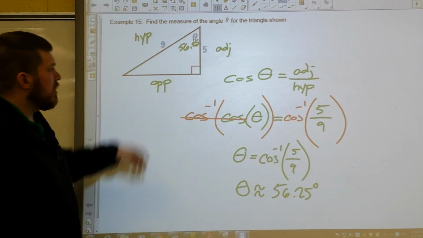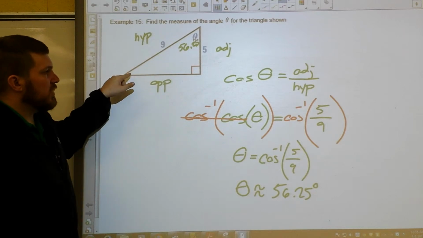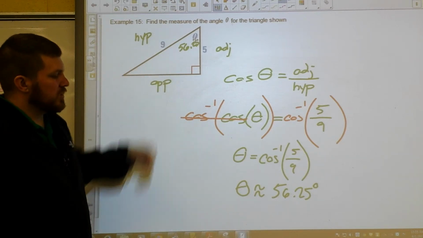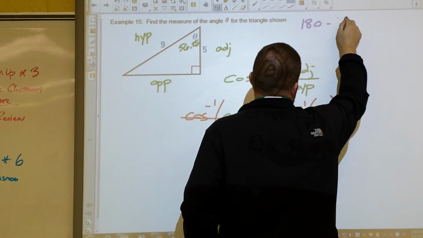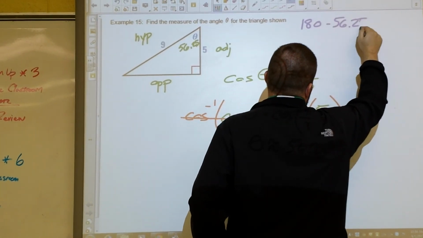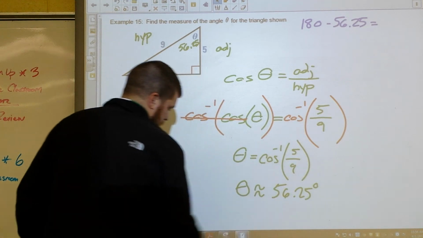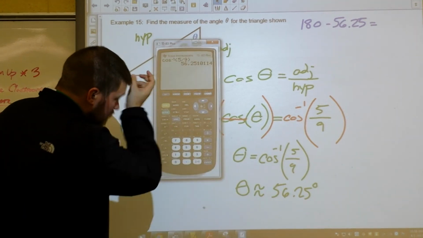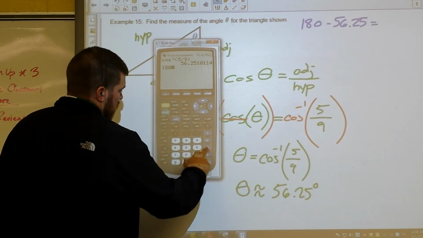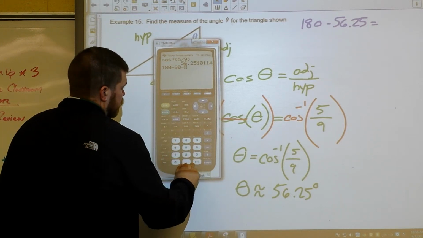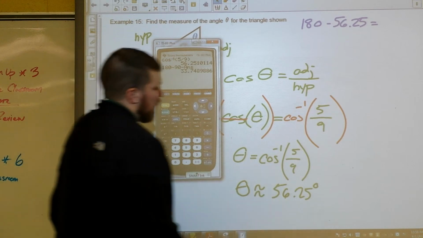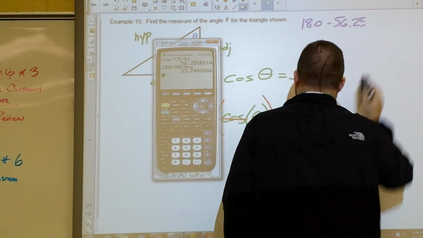I like to fill in my picture. So as soon as I know this angle, I can also go ahead and find the other angle if I wanted to. What I would say is 180 minus 56.25, and I'm going to use my calculator. And actually, I forgot the minus 90 also, so don't forget that.